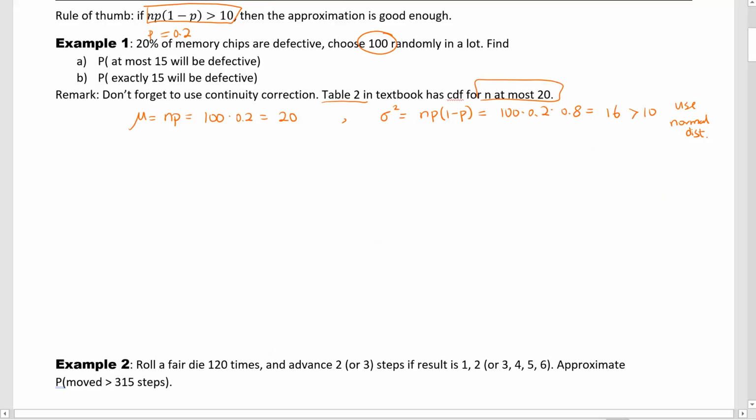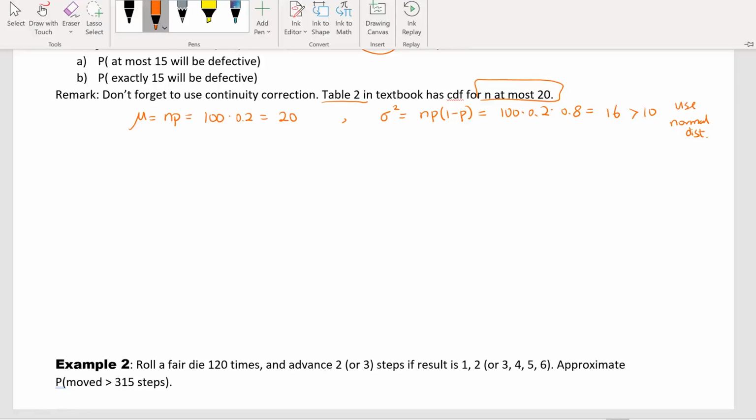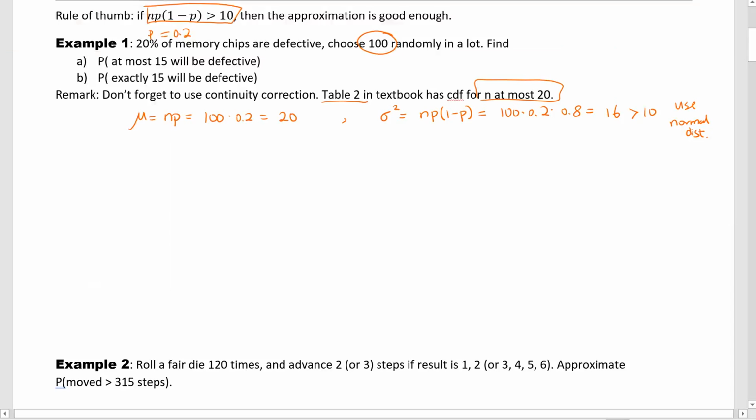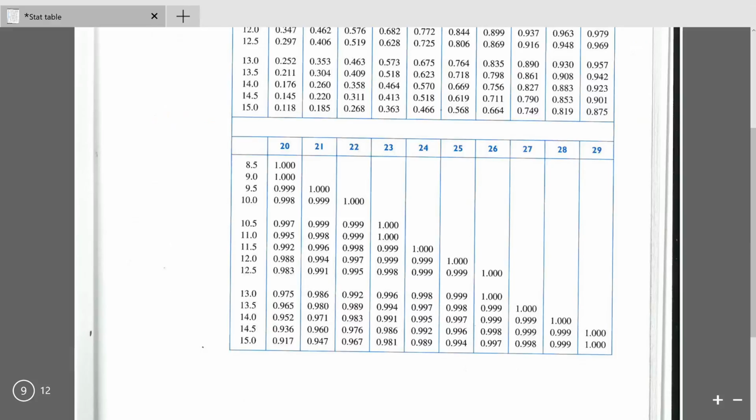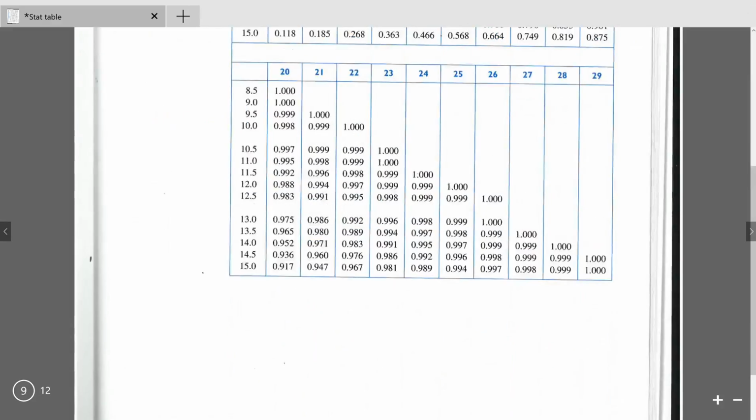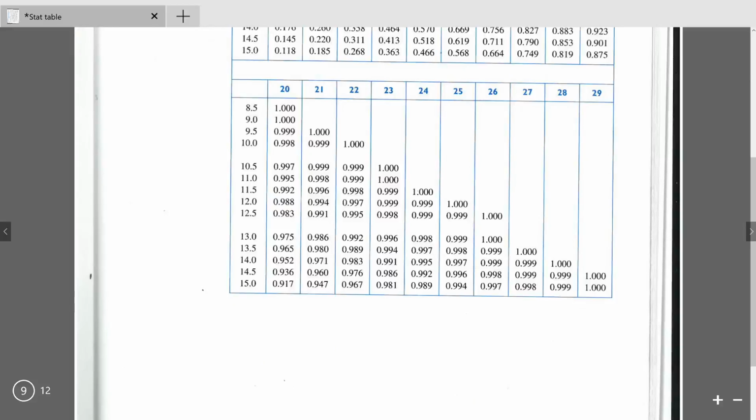So you see in this problem, if we want to use the Poisson distribution to calculate, the lambda is np, and here it is 20. But in our table, let me put a different color here to emphasize. Okay, in the Poisson table, the lambda is at most 15.